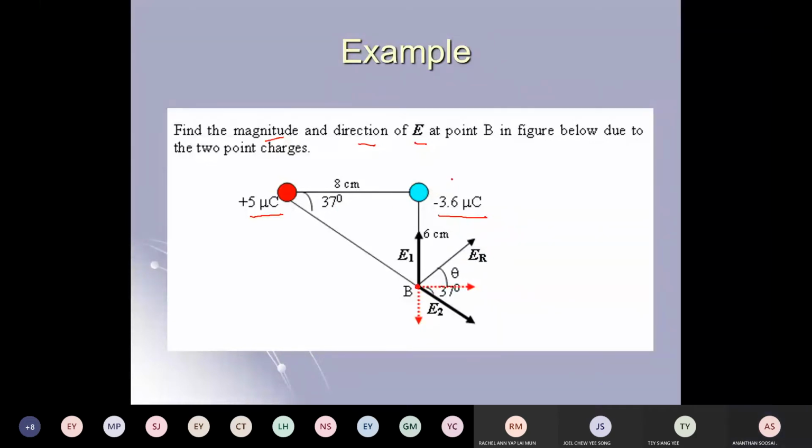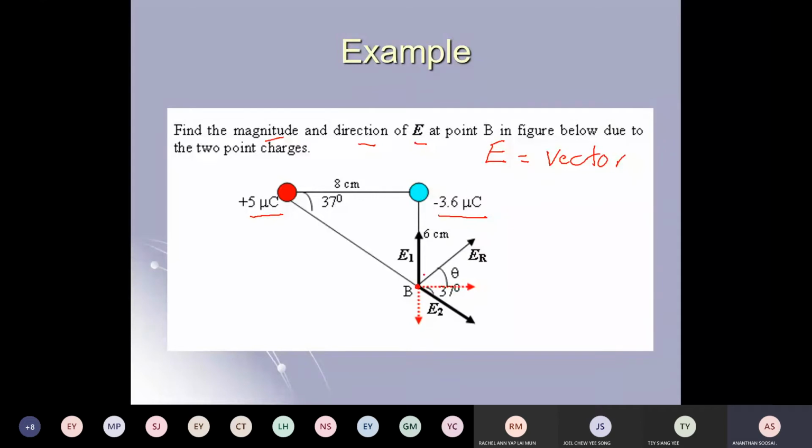Of course, you have to recall: is electric field strength a vector quantity or a scalar quantity? It's a vector quantity, it has direction. So it's going to be more difficult because you need to consider the direction.